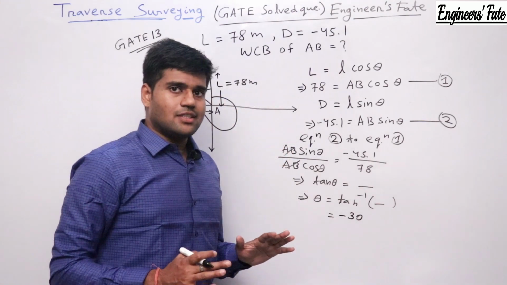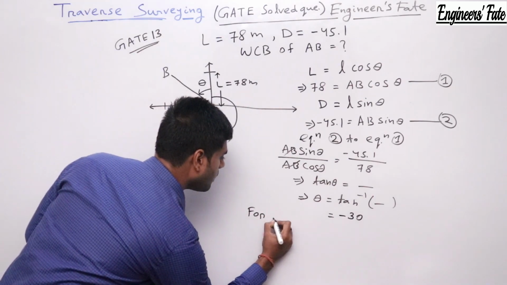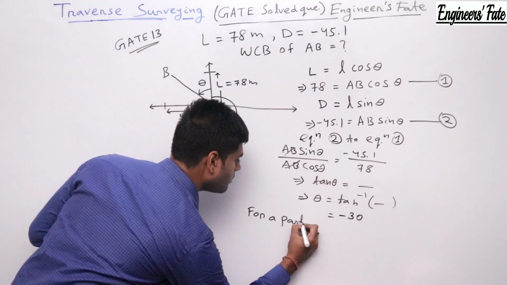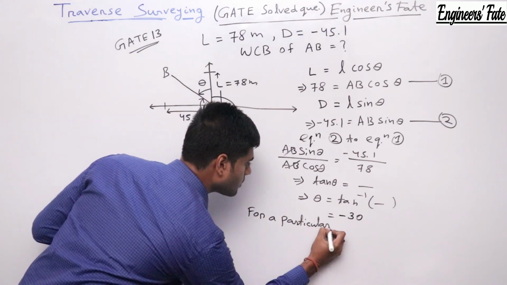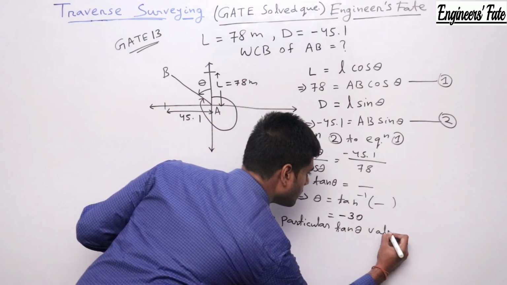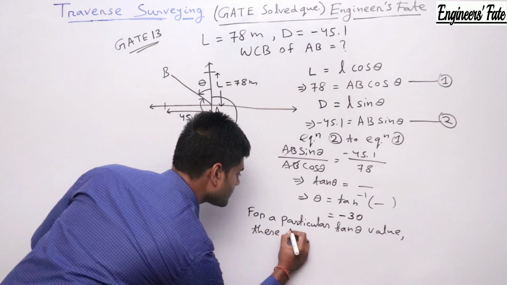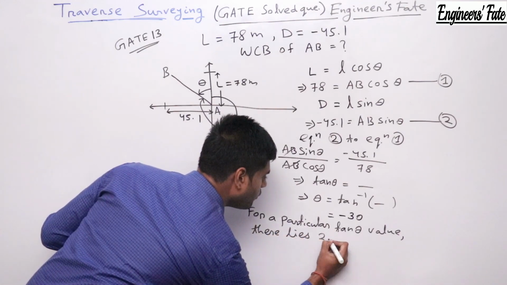So what does this mean? It means for a particular tan theta value, there lie two values.